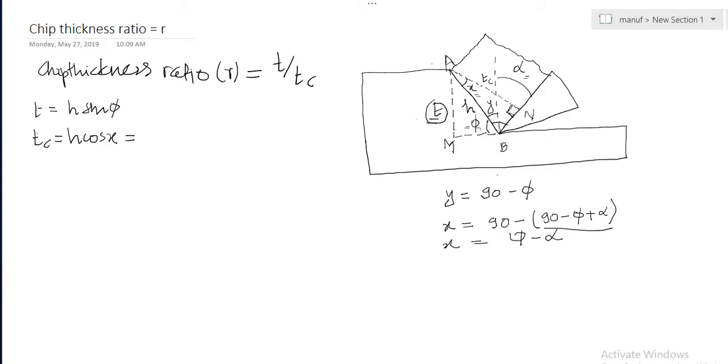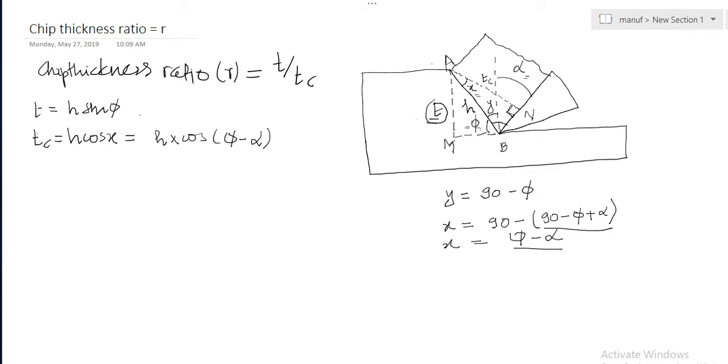So this will become phi minus alpha. So in place of x I can write phi minus alpha, and tc will become h into cos of phi minus alpha.